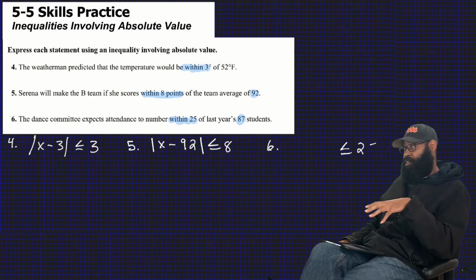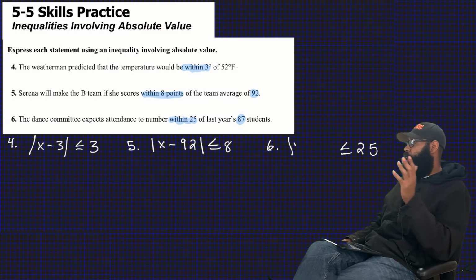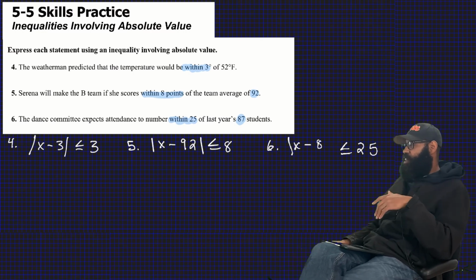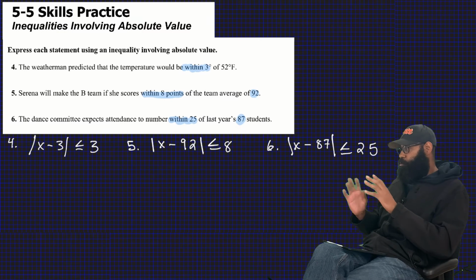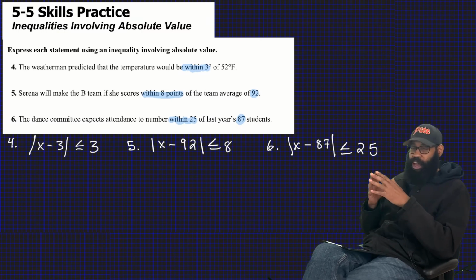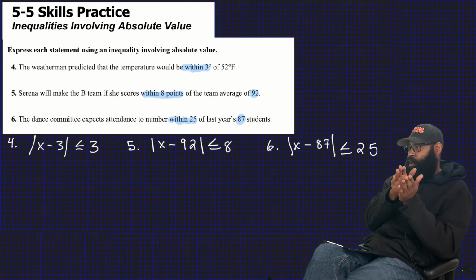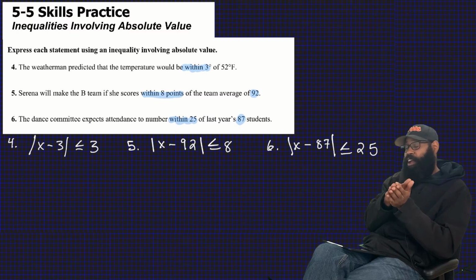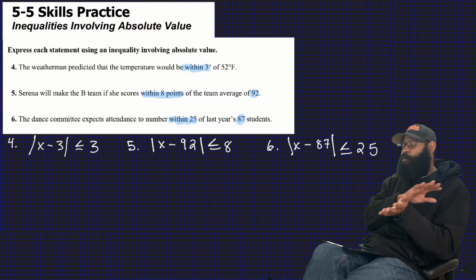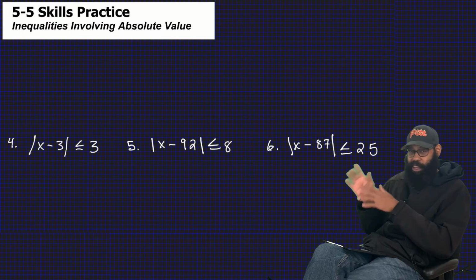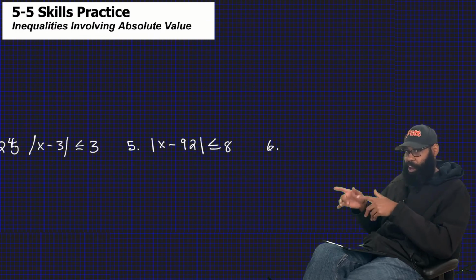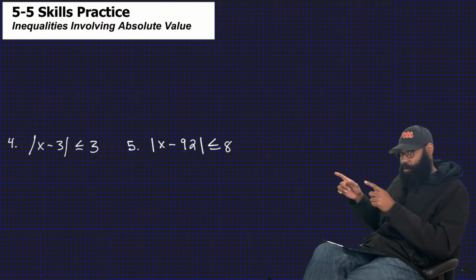For 6, again, the absolute value, within 25, and understanding that since it's 87 students, it's within, boom, boom, bang, set them up. So guys, that's what I meant when I gave the pause: there's one thing to be able to answer the problem, it's another one to write it. Completely different skill. The skill I just used was to write the absolute value inequality.